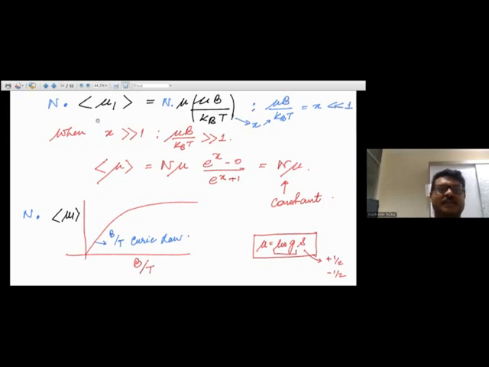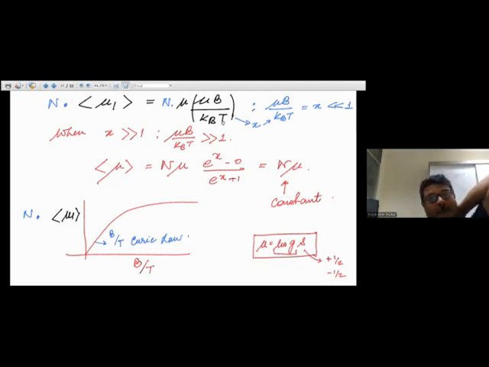On the other hand, when x is less than 1, then the magnetic moment, if you had a fixed magnetic field, goes as 1 by T. So the magnetic moment of the entire sample, of course, you can calculate it per particle also, is n mu squared B by kBT.